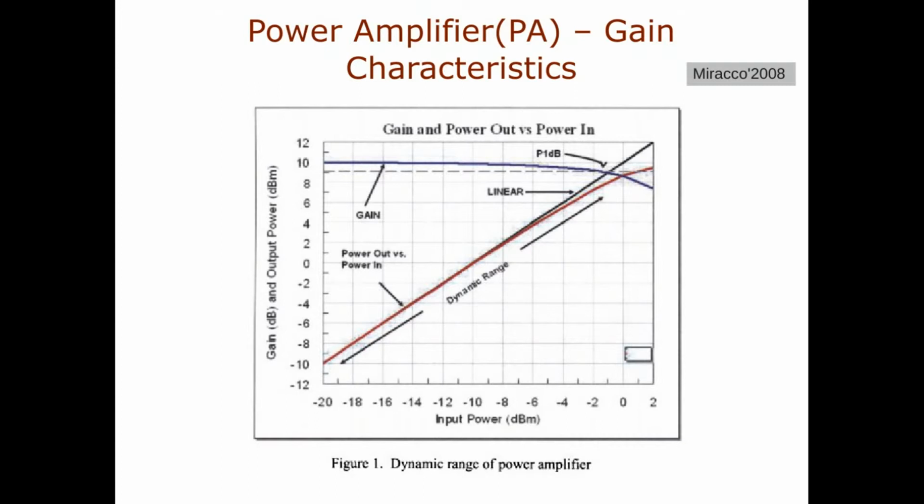So the gain characteristic essentially means that it plots the input amplitude range versus the gain in decibels.